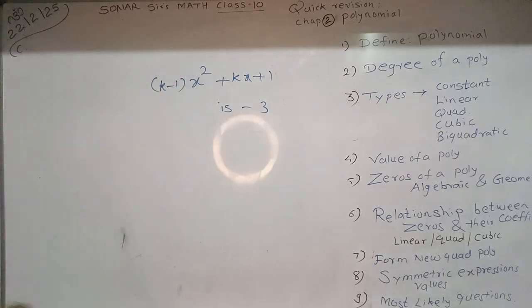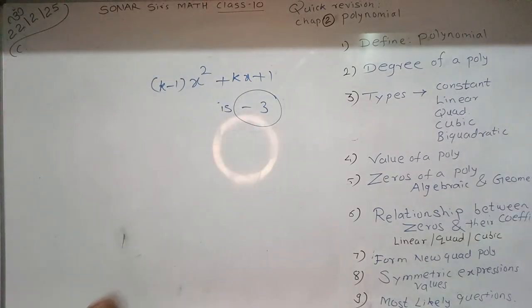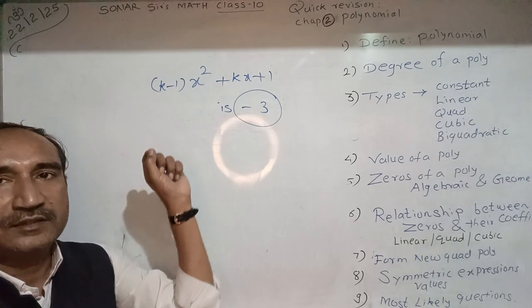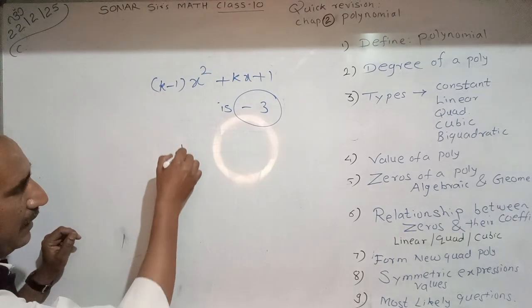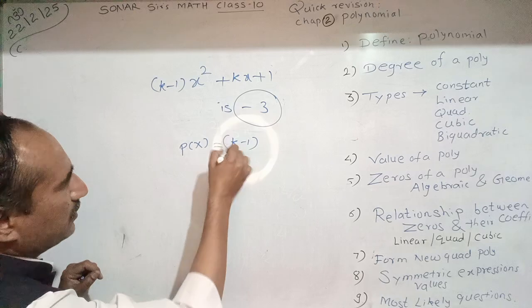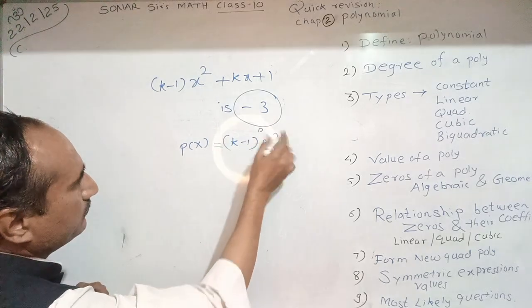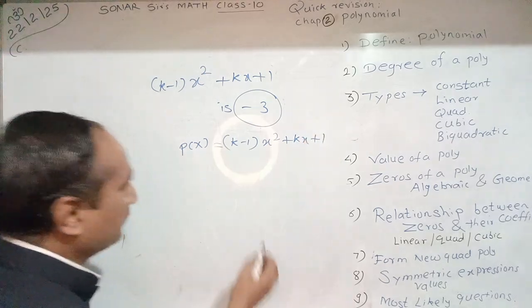The 1 zero is given. As this is a zero of the given polynomial, it satisfies the equation. So we'll write this given polynomial as p of x equals (k minus 1)x square plus kx plus 1.